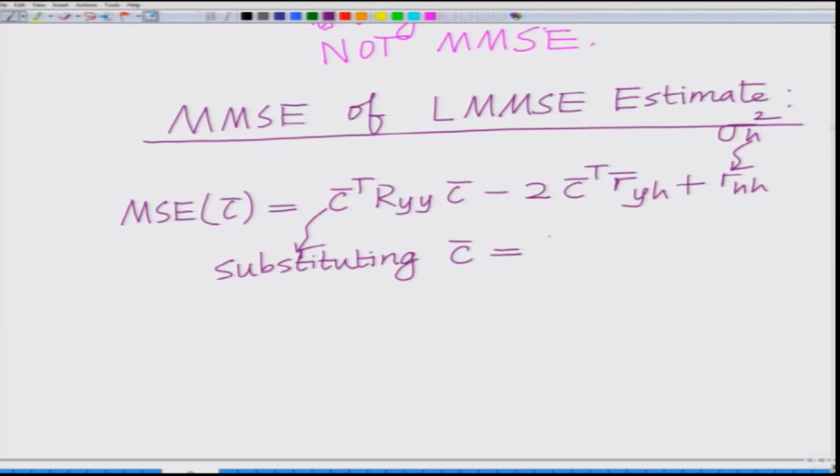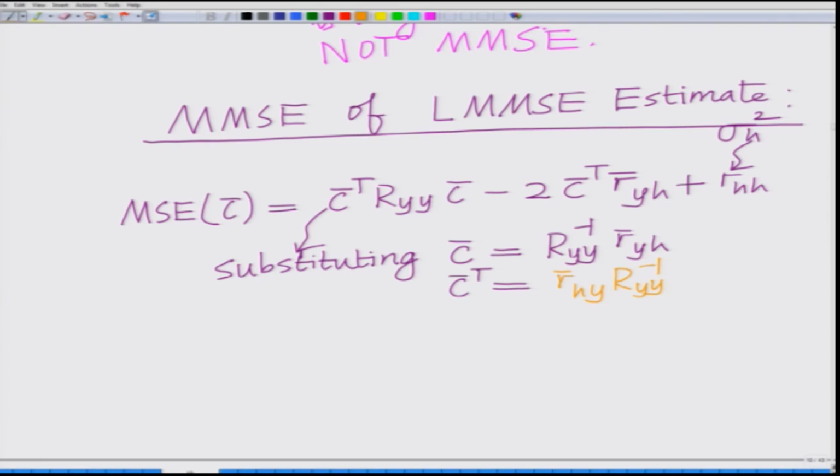Remember C bar equals RYY inverse R bar YH, and in fact C bar transpose is equal to R bar HY into RYY inverse.